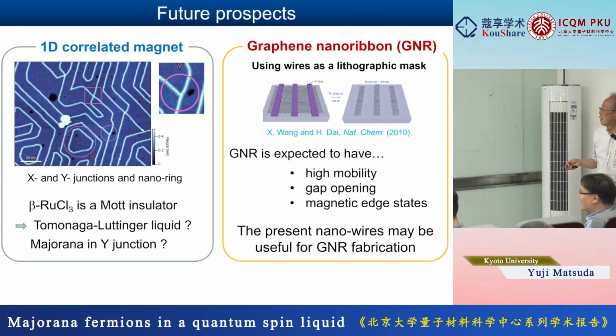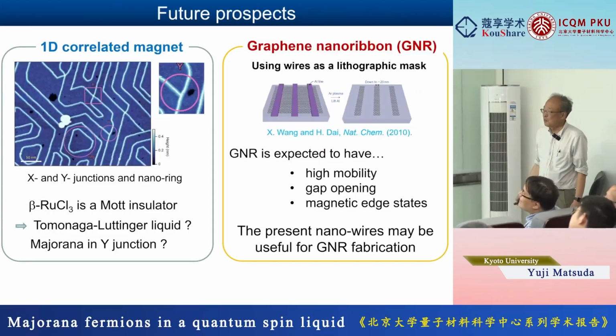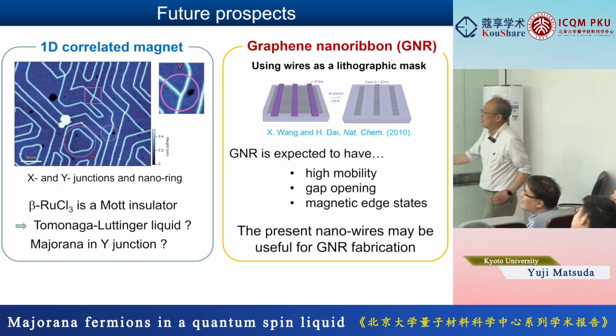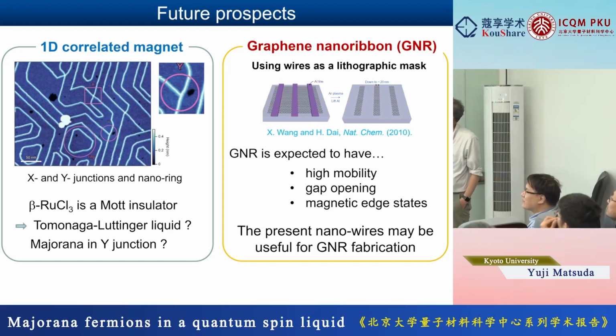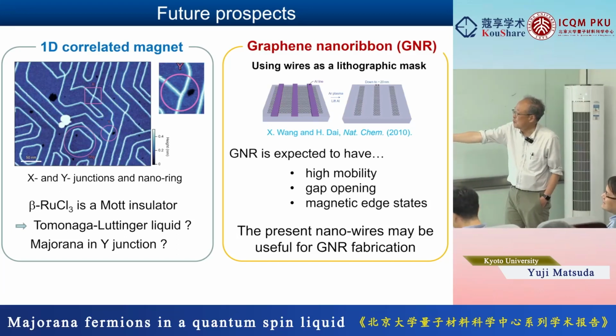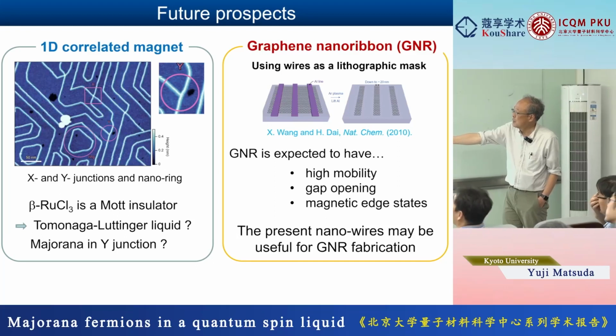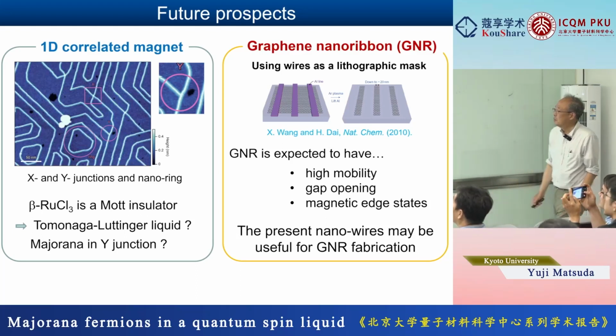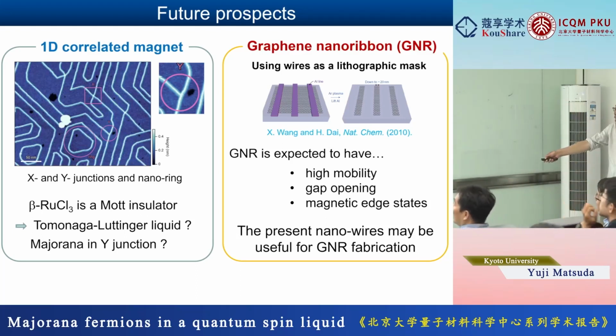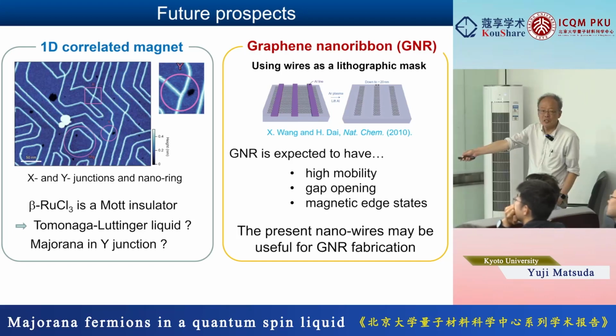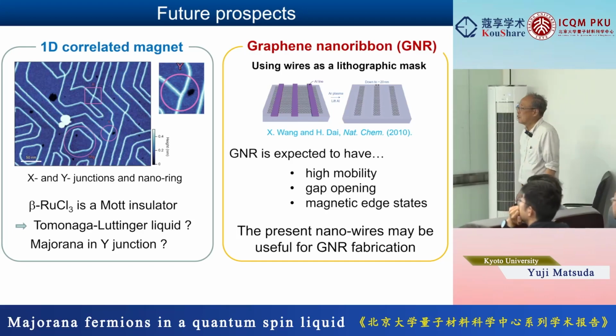Then the future prospect: we can grow atomically flat X junctions and Y junctions and nanorings. Beta RuCl3 is a spin-orbit Mott insulator.